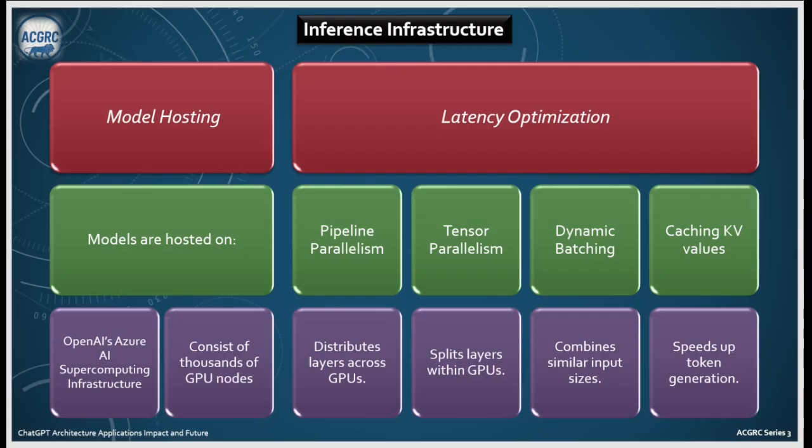Latency optimization of inference infrastructure is like making the kitchen layout perfect, using better ovens, having more pizza chefs, and getting ingredients faster, so that when you order, you get hot pizzas in seconds. Hope this helps with the context of inference infrastructure, model hosting, and latency optimization within it.